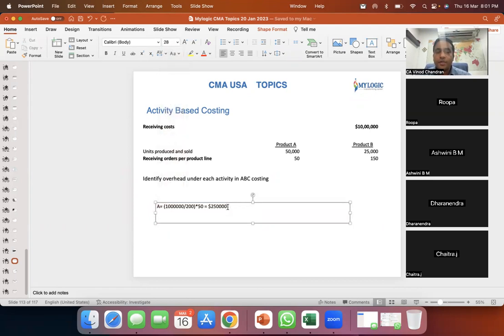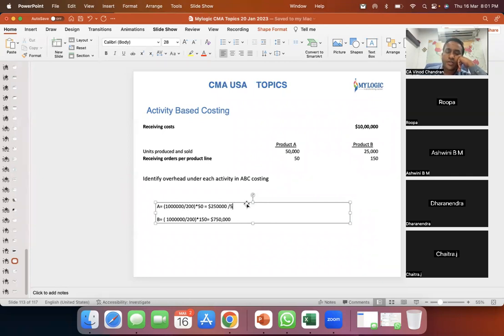It's very simple, right? Now for B, what happens? 10 lakhs divided by 200 into 150. 7,50,000. Everyone in agreement? Any doubts on this? Hello? Yes, sir. Okay. Now we derive 2,50,000. 2,50,000 is for how many units of product A? 50.